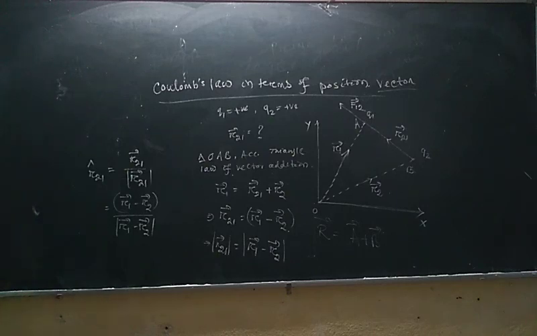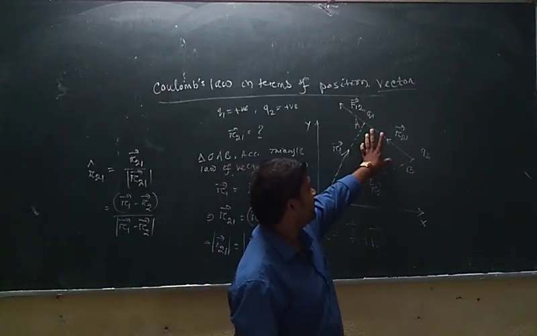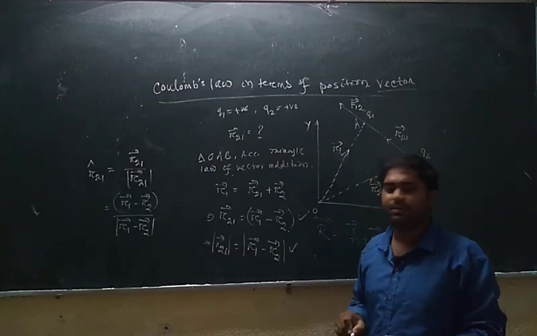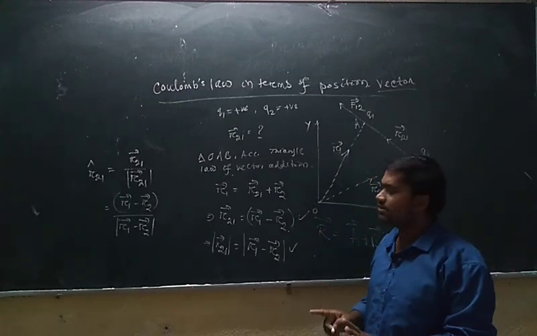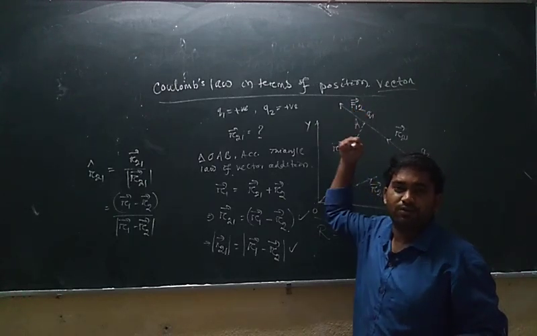Now let us calculate the force, because we have already found the distance between the two charges, R21 and its magnitude. So now it is easy to calculate the F12 vector.